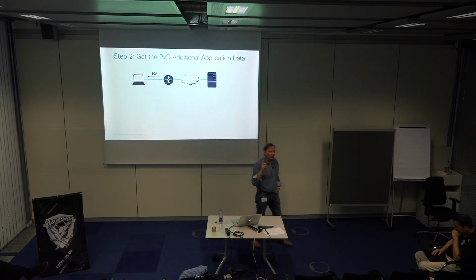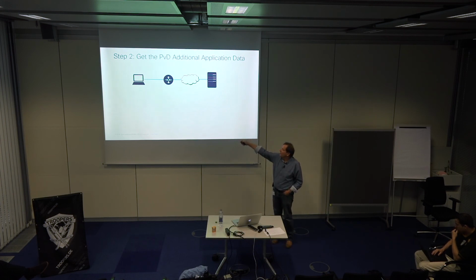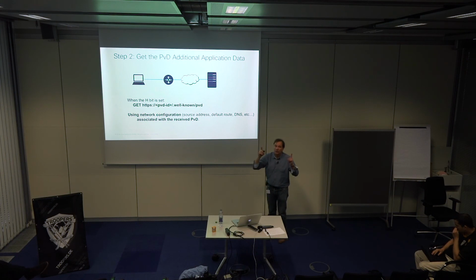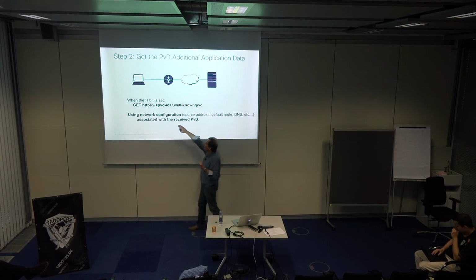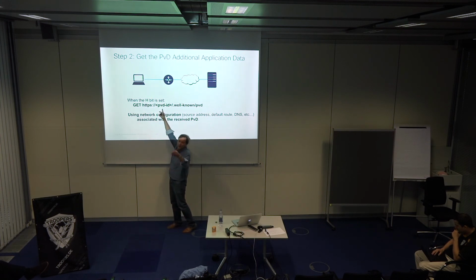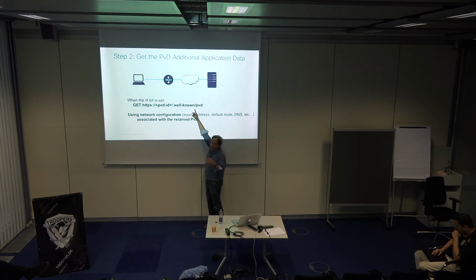You receive the router advertisement with the PVD. What it's doing, you get the PVD ID, which is used by the application to select the right set of parameters, but it's a fully qualified domain name. So now I'm building a URI, https://corporate.example.org/.well-known/pvd.